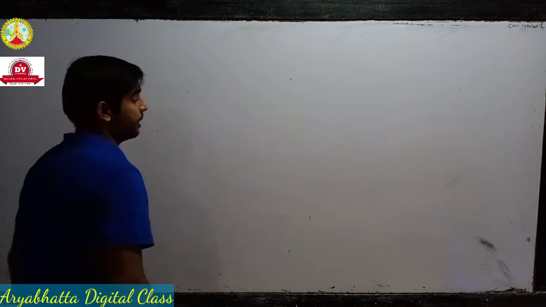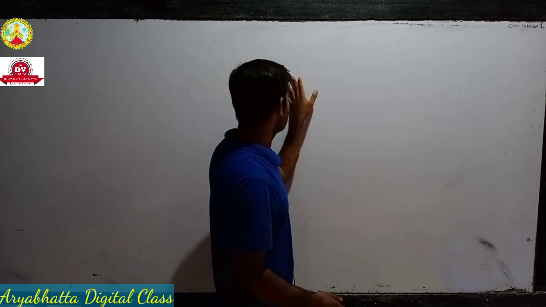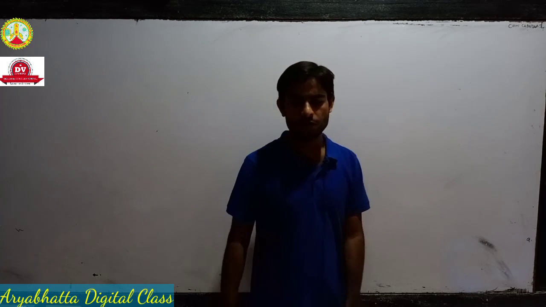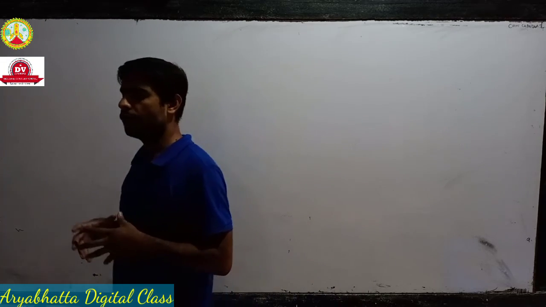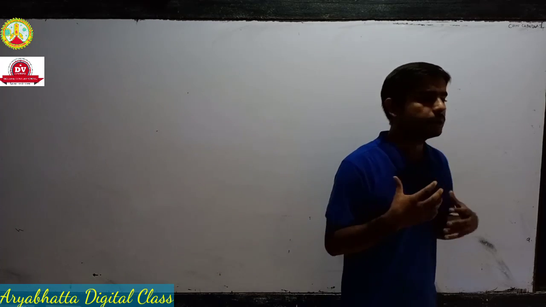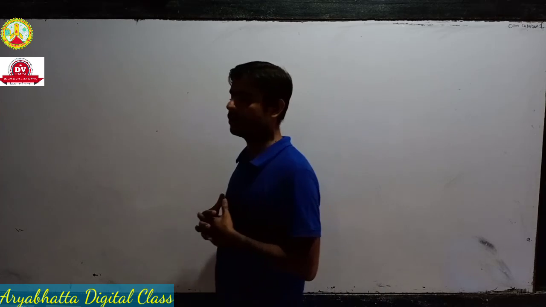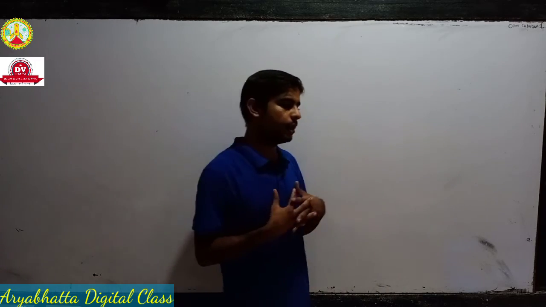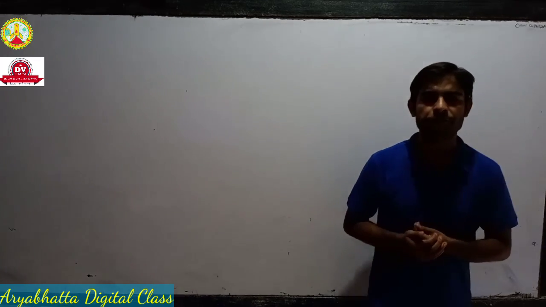But before going to further topics in group 15, we will conclude this video here, because the part which is connected with nitrogen has been discussed. So we will start our fresh group study. We will start with group 16 in the next video lecture. Thank you.